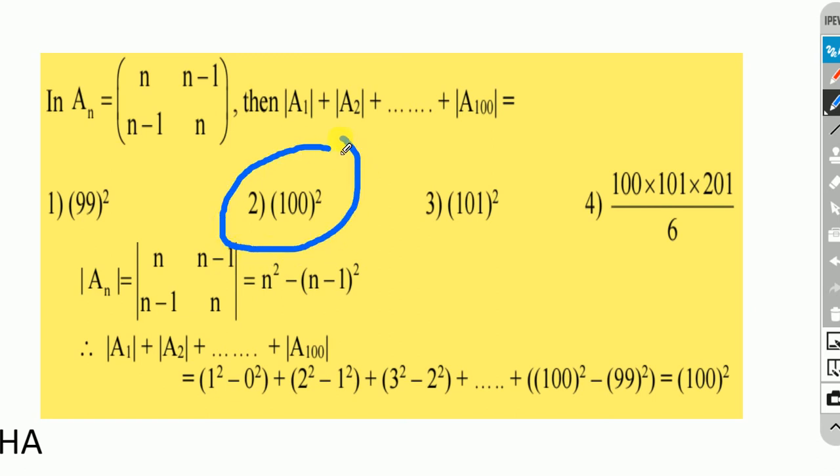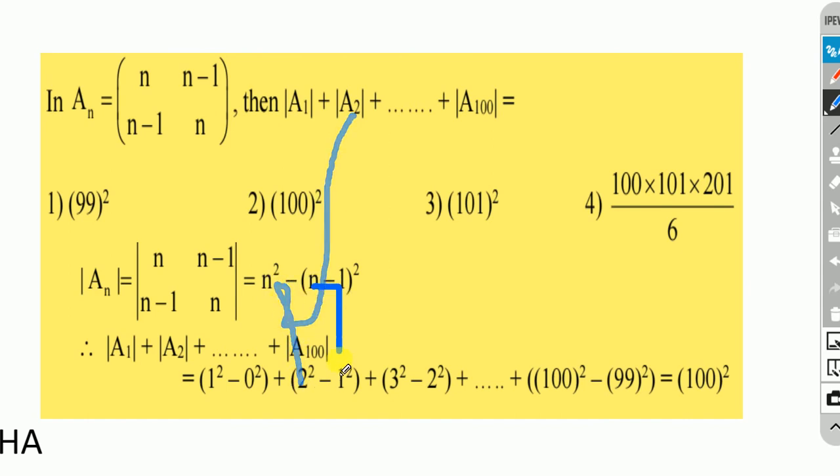Another way I can interpret this solution is, when you put n equal to 1 here, I have 1 square minus 0 square, which is 1 square. When you put n equal to 2, I have 2 square minus 1 square. When you put 3 here, 3 square minus 2 square.